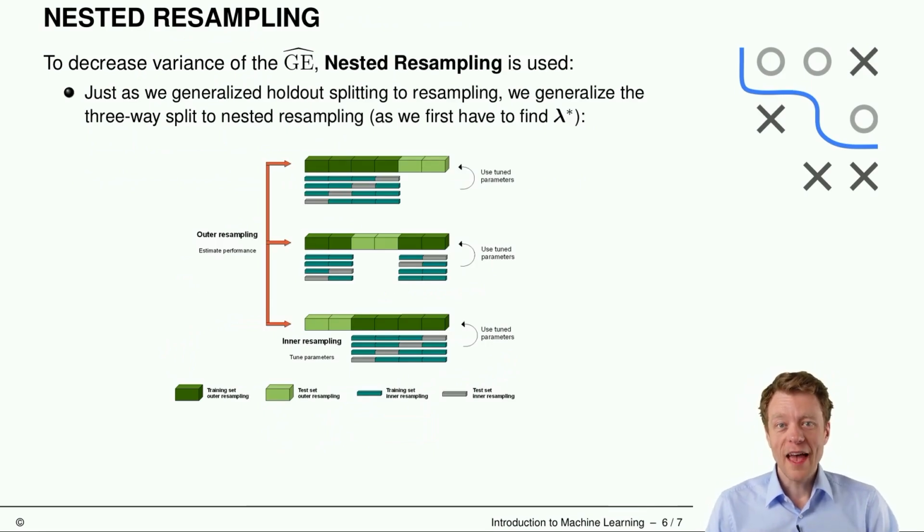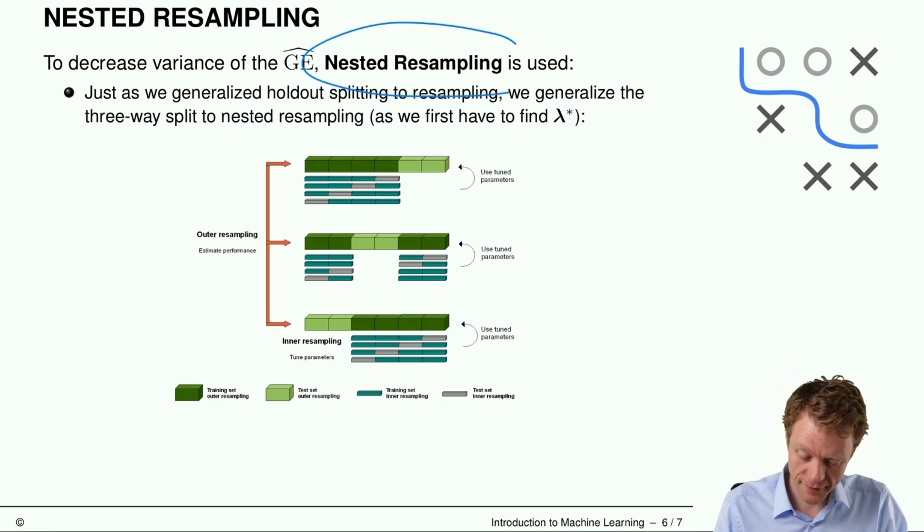And well, as holdout split in train and test is not always the optimal choice for resampling technique, and we've seen bootstrap, subsampling, cross-validation and these things. Now we can also think about how we can optimize this three-way split into train, validation and test, because of course we have the same problems as before. And it turns out that we can just do this, we just have to nest these resampling techniques.